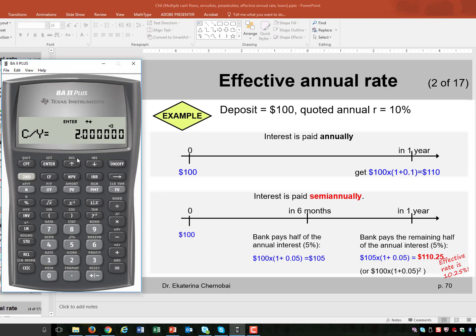And now press either the up or the down arrow key and stop when you see EFF on the display. It stands for effective. All you have to do now is press the button compute. The display now shows 10.25. The effective annual interest rate is 10.25%, which matches what we have on the slide, right?